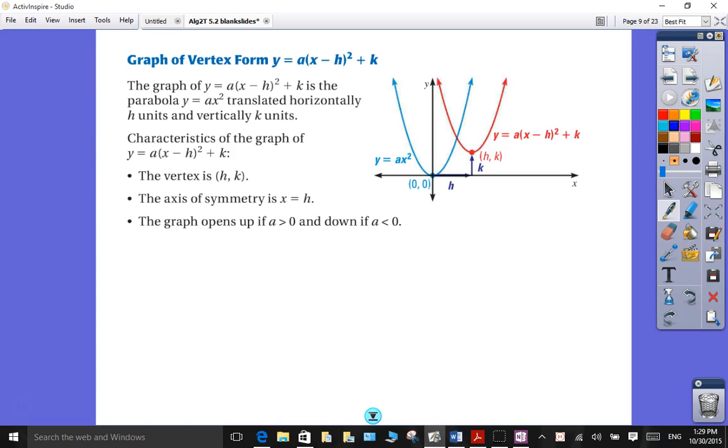So let's see. The characteristics now: the vertex is (h, k). The axis of symmetry is x equals h. It opens up if a is greater than 0, down if a is less than 0. So what can we not see directly in this that we could see when it was in standard form? The y-intercept, right? But how could you calculate the y-intercept if you're given it in vertex form?